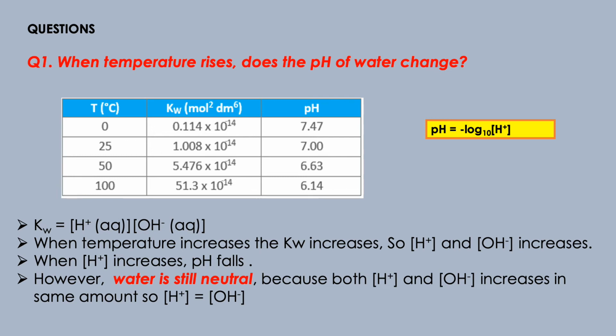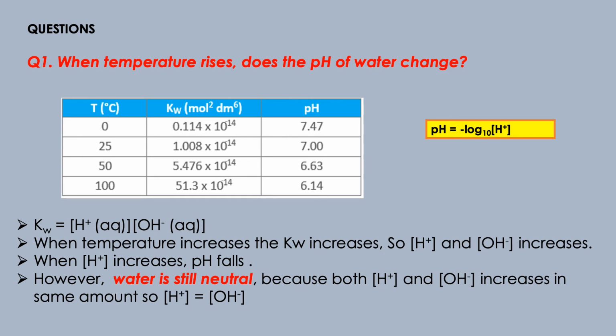Before we start answering it, let's look into the formula of pH, which is pH is equal to minus log10 of H+ ions. So pH and H+ ions are inversely proportional to each other. When H+ ion increases, pH decreases and vice versa. So we know that when temperature increases, Kw also increases. So both H+ ion concentration and OH- ion concentration increase.